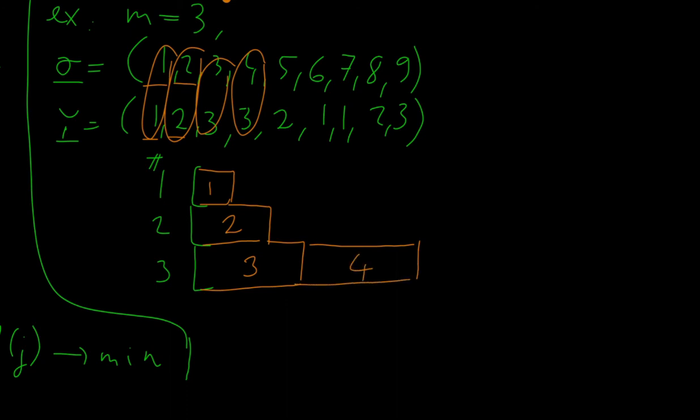At this point the load here is only 1, the load here is 2, and the load here is 7, so it's just the total cost of the jobs which were assigned to the particular machine, and at this point the makespan is this quantity here, the maximum load.